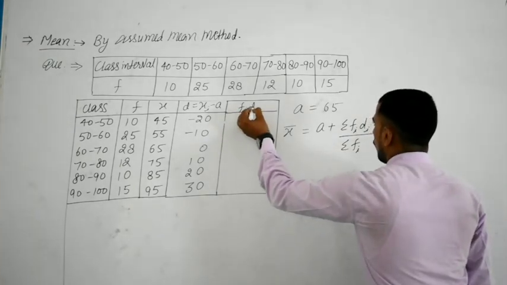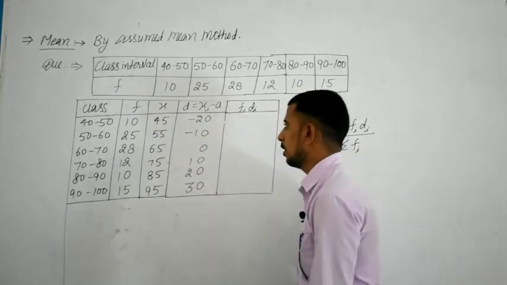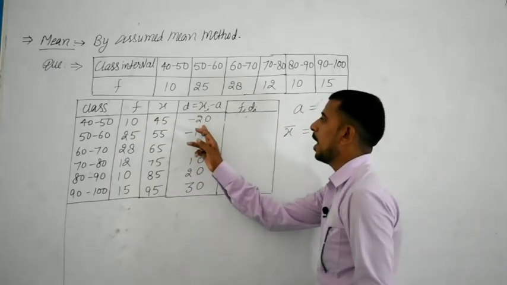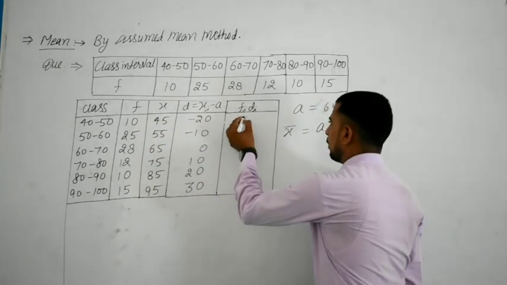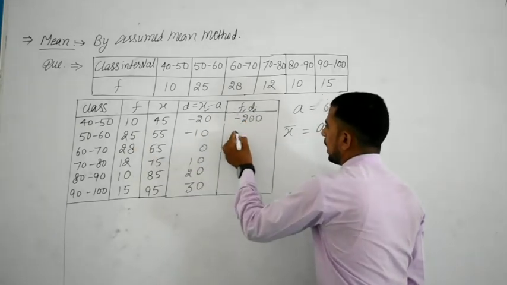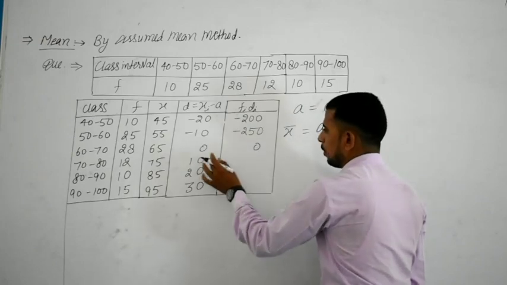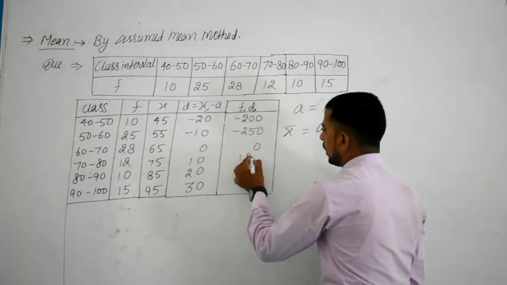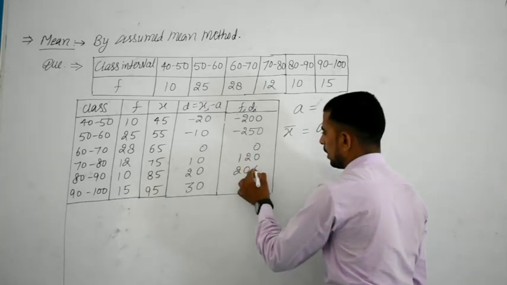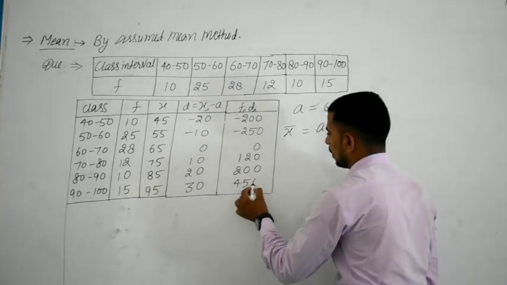Value of fi di: value of f is 10, value of d is minus 20, so 10 into minus 20 is minus 200. Next is 25 into minus 10, minus 250. 0 into 28, 0. 12 tens are 120. 20 into 10, 200. 30 into 15, 450.